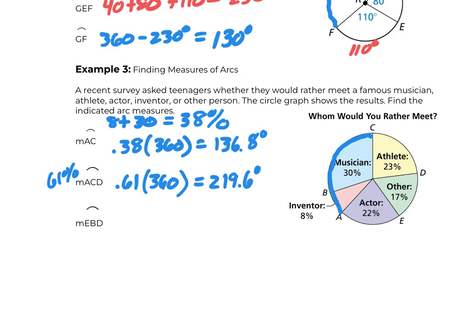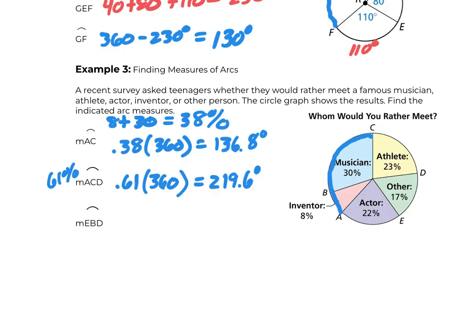So that chunk of the circle would be about 219 degrees. And it should make sense because if I drew right across here, this would be halfway, and we've gone a little bit past halfway because we've gone A all the way over to D. 180 would be halfway, so 219 would be past that.